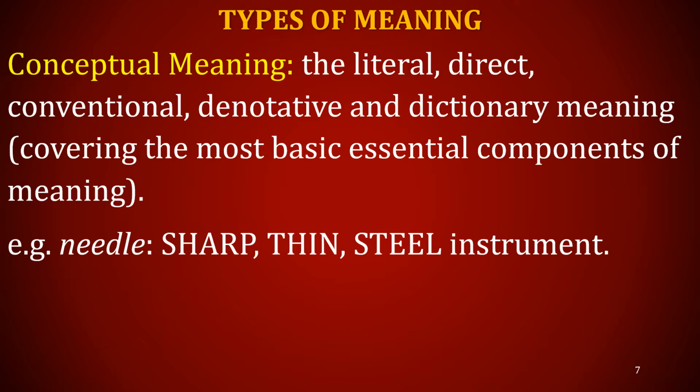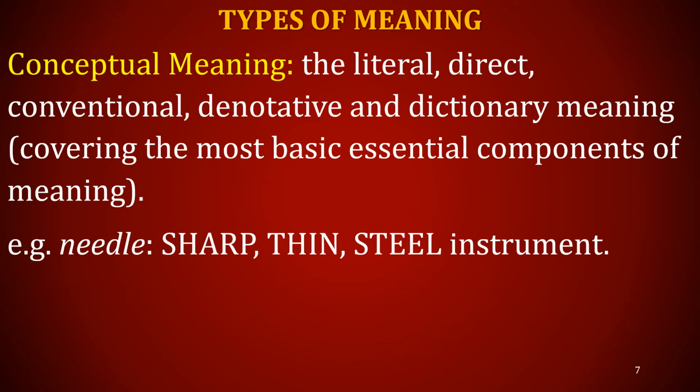Conceptual meaning refers to that kind of meaning which is literal, direct, conventional, by which we mean that everyone agrees upon that meaning. Denotative and dictionary meaning, that is, it is the kind of meaning we can find in any dictionary. This kind of meaning covers the most basic essential components of meaning.